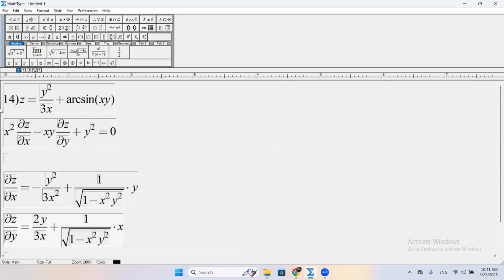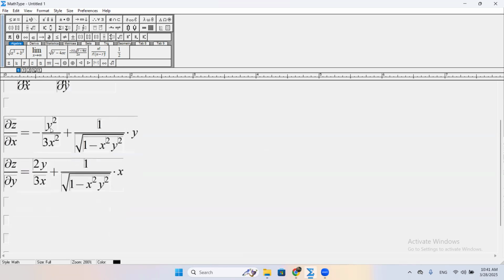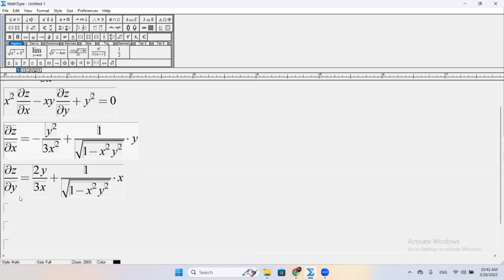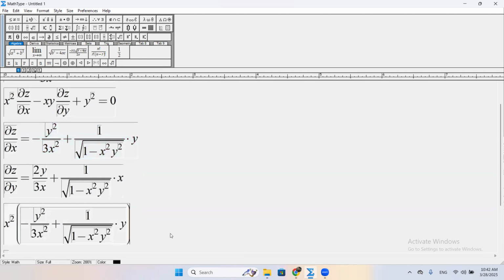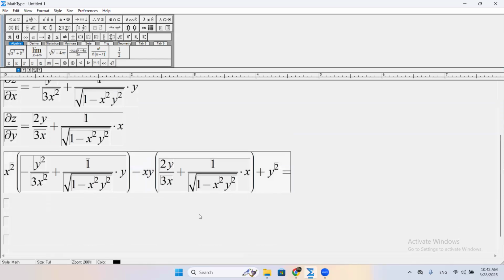So now let's substitute these derivatives into the equation. So x squared multiplied by this derivative minus xy multiplied by this derivative and plus y squared. Okay, let's expand all these brackets.